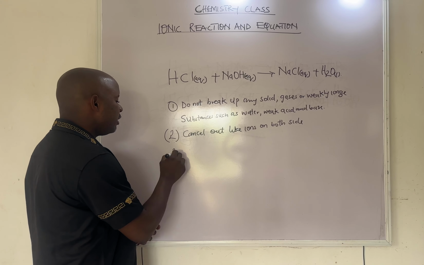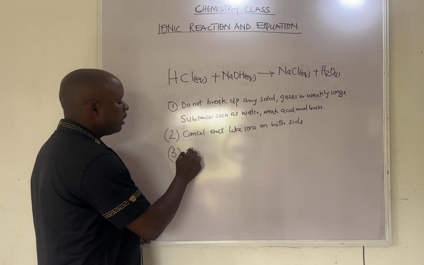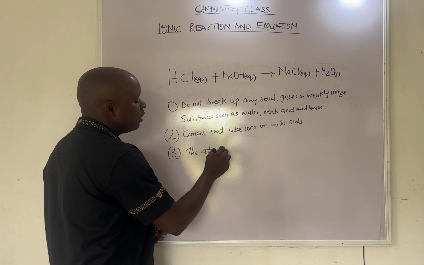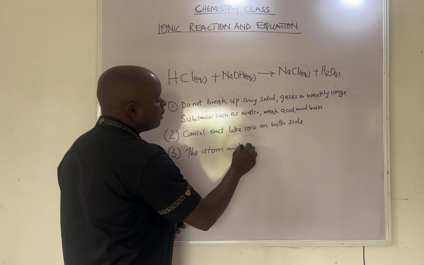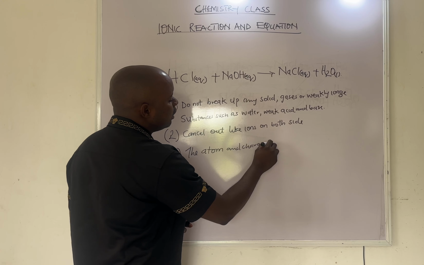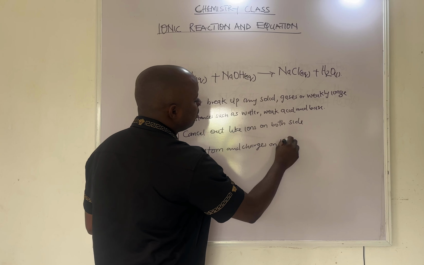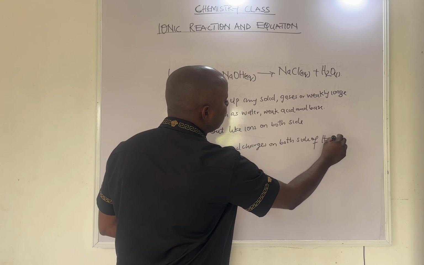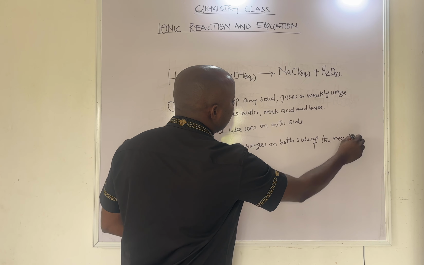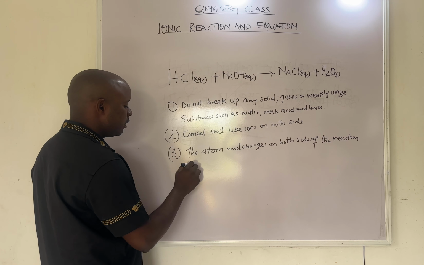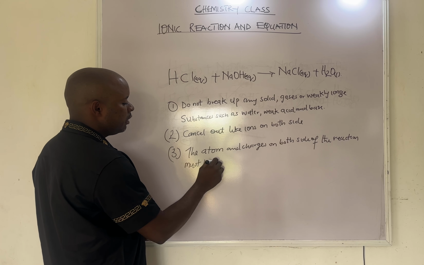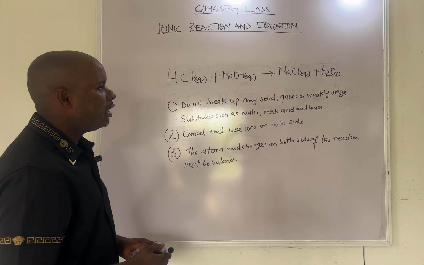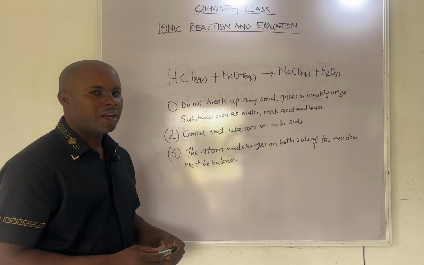The third criterion is to balance the atoms and charges on both sides of the reaction, which must be balanced. Following these rules, we should be able to write this equation in ionic form.